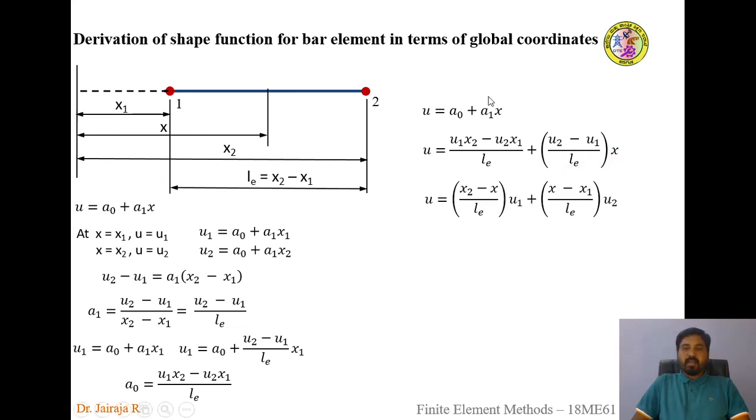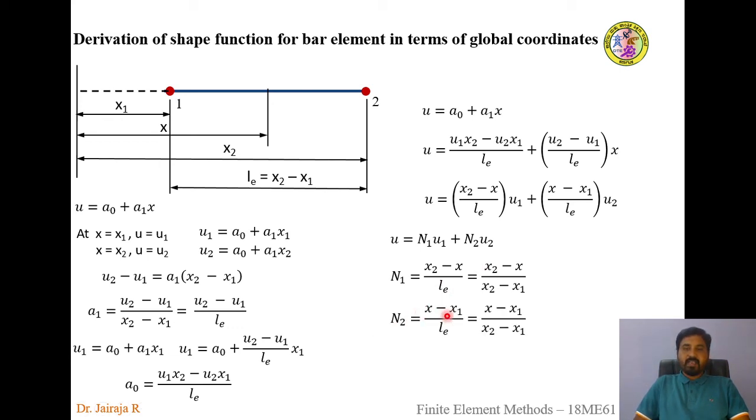This can be rewritten as u is equal to (x2 minus x) divided by LE into u1 plus (x minus x1) divided by LE into u2. So this can be represented as u is equal to N1 u1 plus N2 u2. N1 is equal to (x2 minus x) divided by the length of the element. Similarly, N2 is (x minus x1) divided by the length of the element, where N1 and N2 are the shape functions.